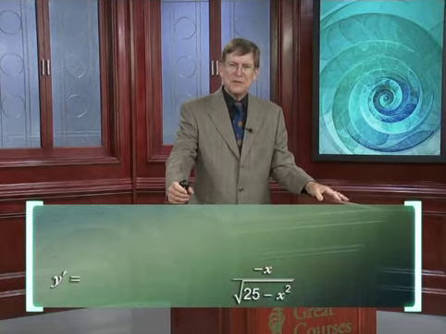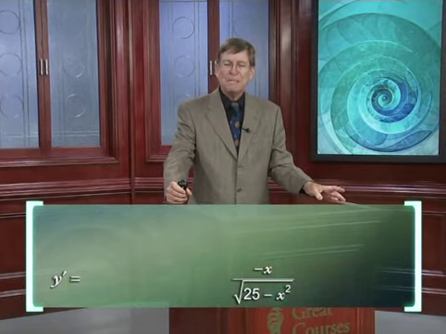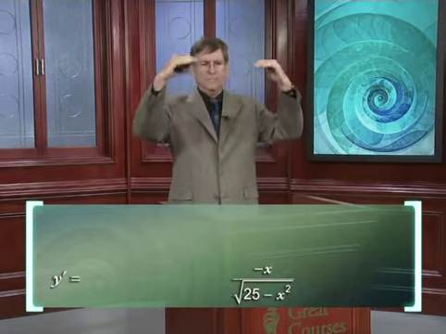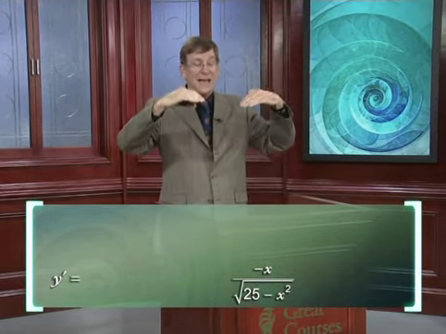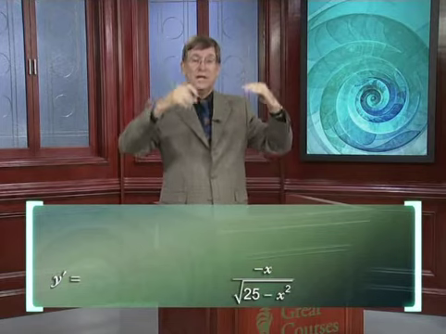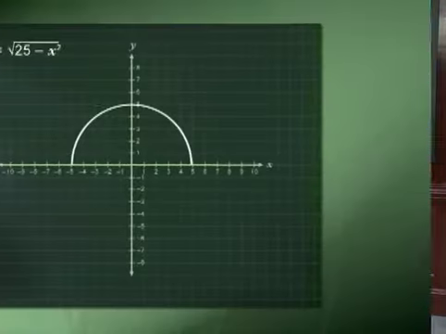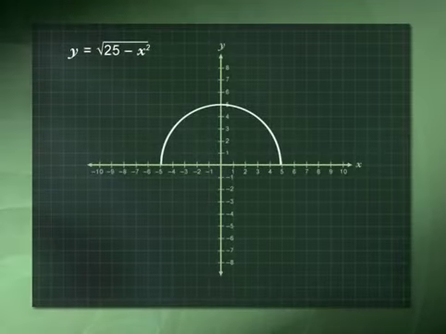And again, this is the derivative at any point above the x-axis. We're in the upper semicircle as indicated in this figure, because the square root is always going to be positive.